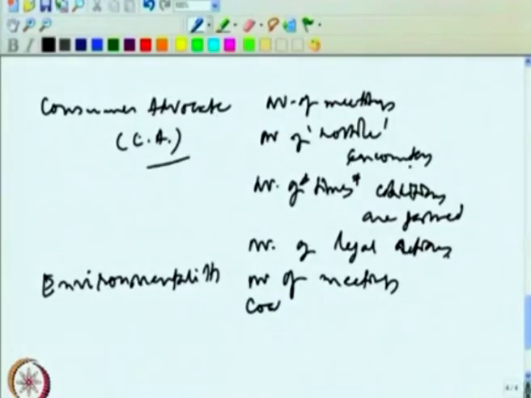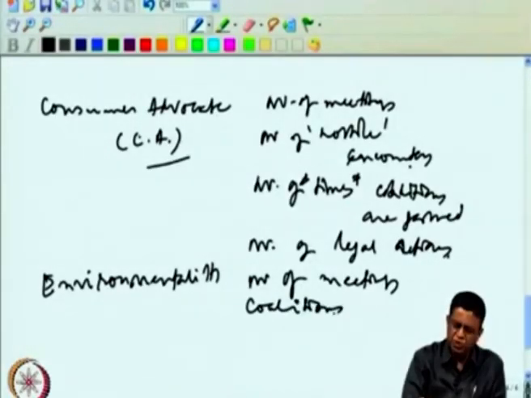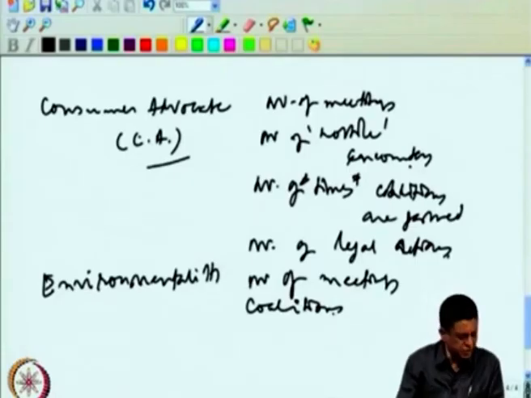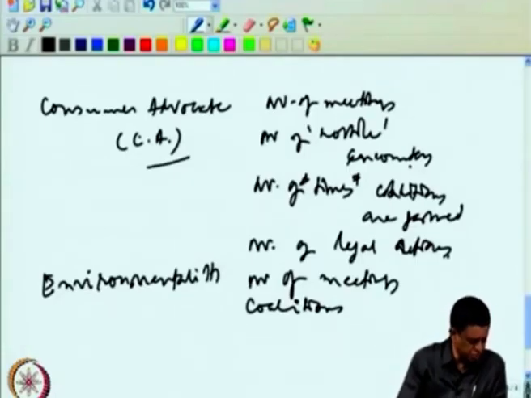Again you have to meet these environmentalists. You have to keep on meeting them and address these issues. How many times you are having meetings with them, the number of meetings. Similarly, how you are able to form coalitions through these meetings. Are you able to get into this coalition mode of working instead of this confrontationist mode?